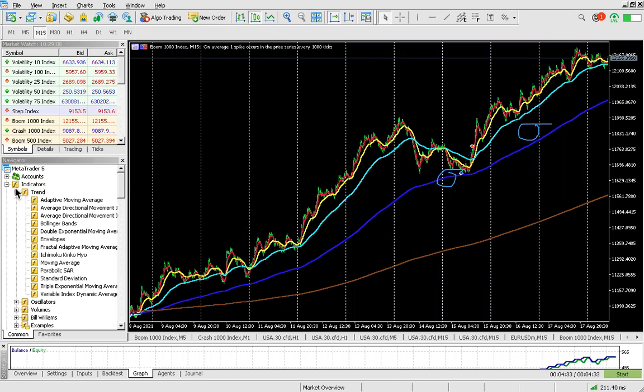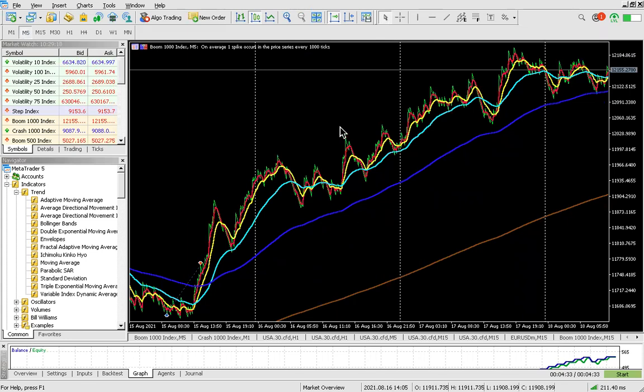Okay, so how do you save the template? If you've got these EMAs in place, clear all drawings. Probably you want to remove this particular chart and go to another chart, and then when you come back to MetaTrader, you want this chart to show.